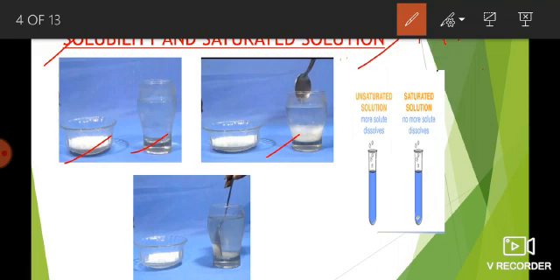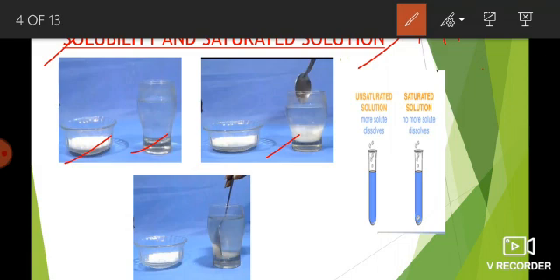Now we have to keep on going with this. We have to continuously add 1 teaspoon of sugar in this given volume of water, that means the half glass of water, and stir it nicely after every addition.